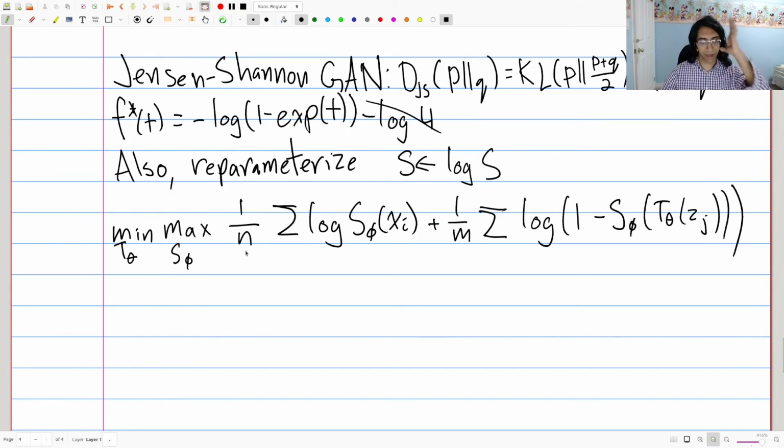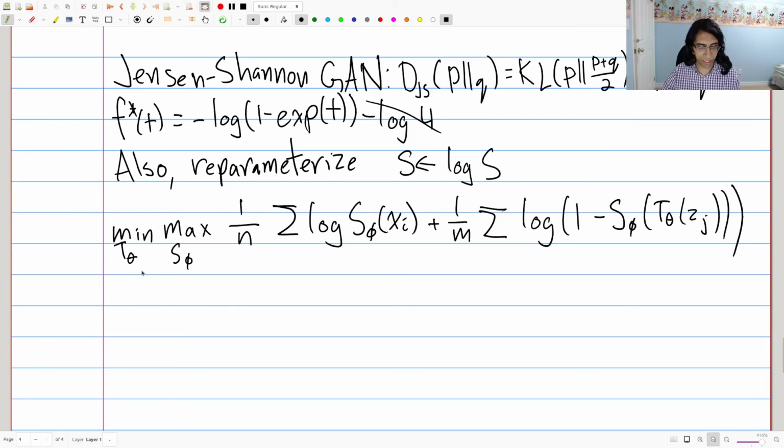Now, this is a non-linear logistic regression, but you're summing over some points, summing the logs of these, and then you have log of 1 minus these. If you look back at the logistic regression objective function, then this is essentially the same thing for a fixed T. If you imagine these are fixed samples and you fix T and the mapping of them, you can picture S as trying to solve a type of logistic regression classification problem.